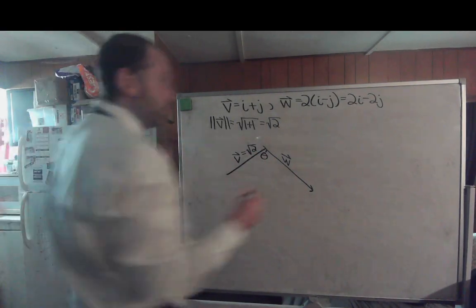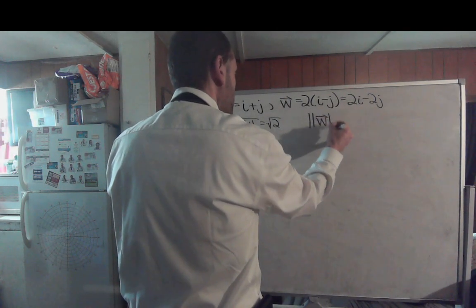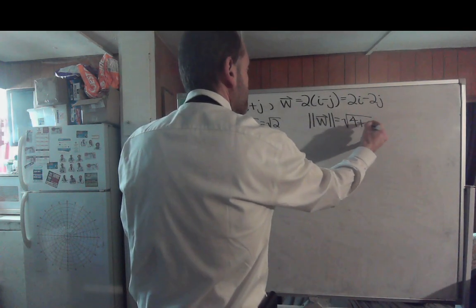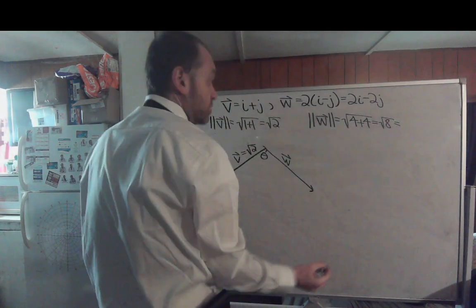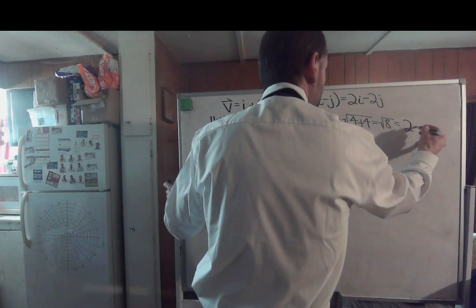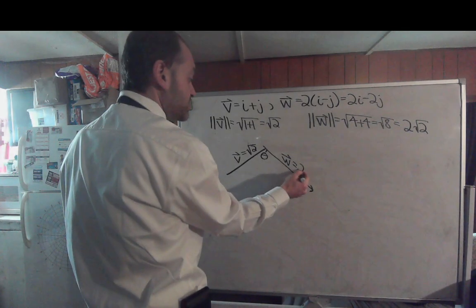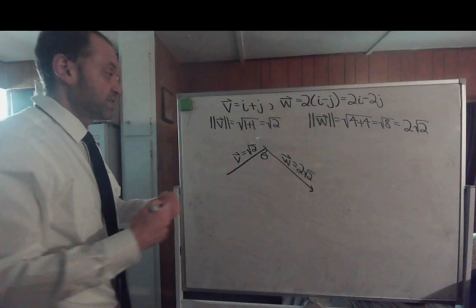Now vector w, let's do the same thing. Take the magnitude of vector w. That would equal the square root of 4 plus 4. That's going to equal the square root of 8, which would be 2 times the square root of 2. So vector w has a magnitude of 2 times the square root of 2. We could treat these magnitudes as lengths.